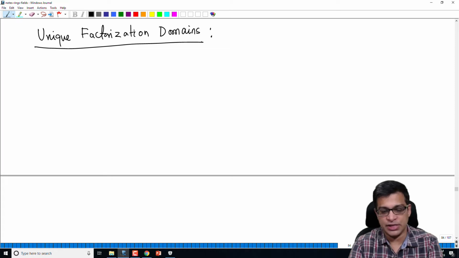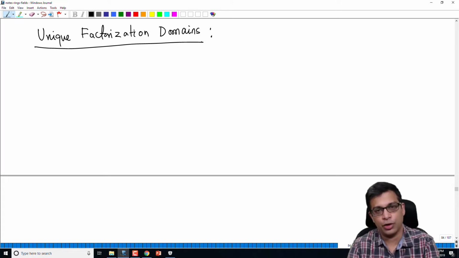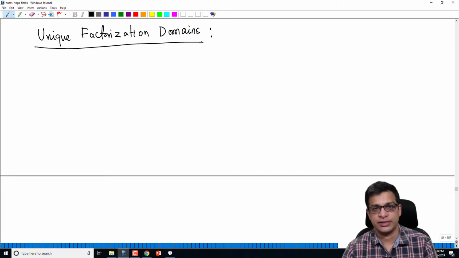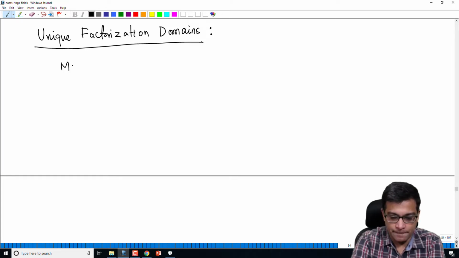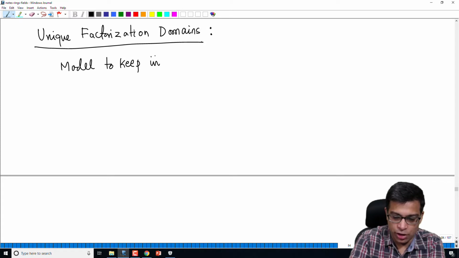So as the name suggests, we are going to ask for the following property. We want every element to have a factorization into irreducible elements, and that factorization should be essentially unique. I will define what unique means. But the model to keep in mind is the ring of integers, which you are familiar with.